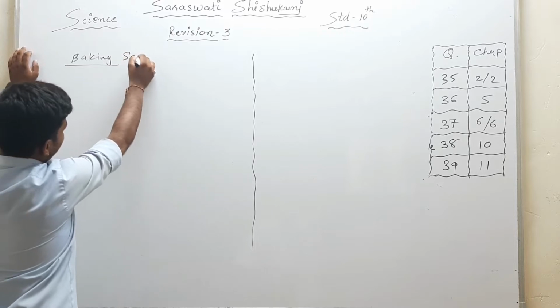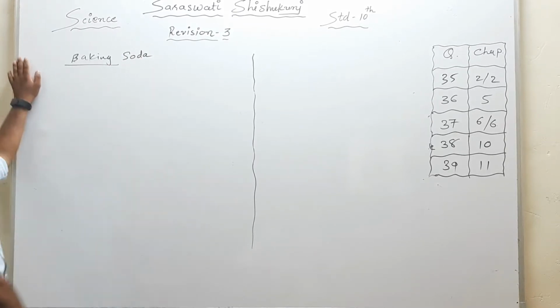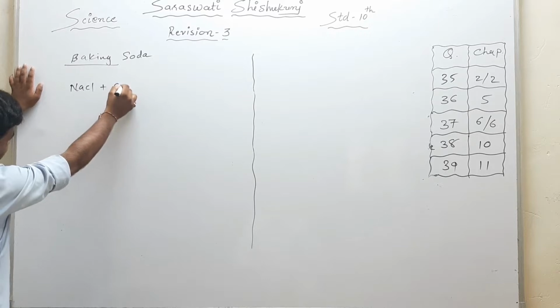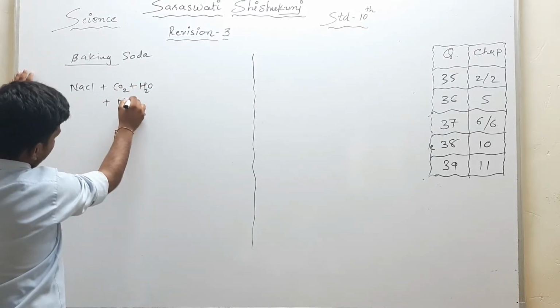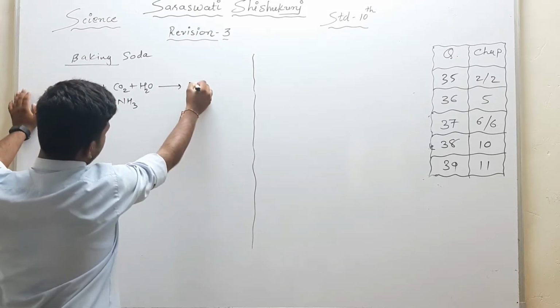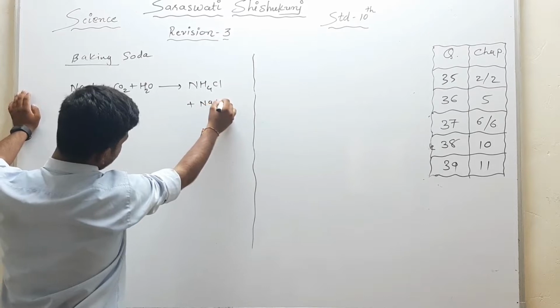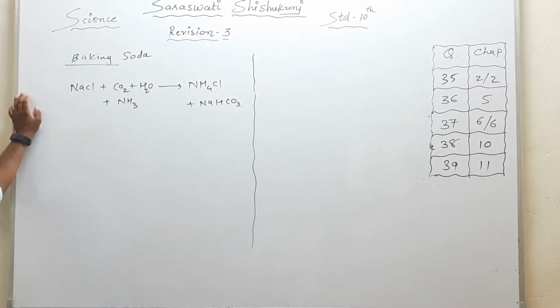For baking soda, what do we have to do? We take normal salt NaCl plus carbon dioxide plus water plus ammonia. What will it give us? It will give us NH4Cl plus NaHCO3.